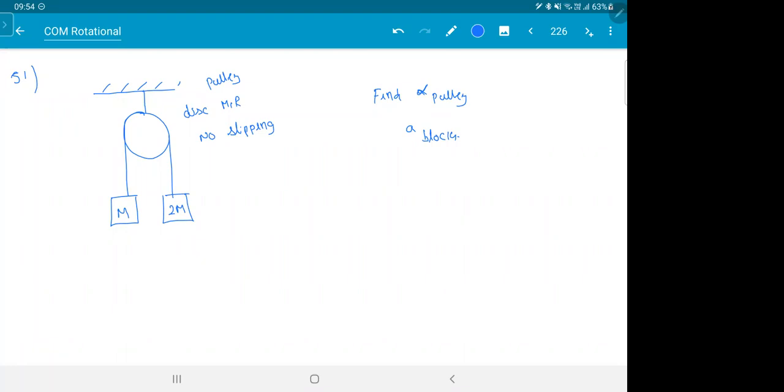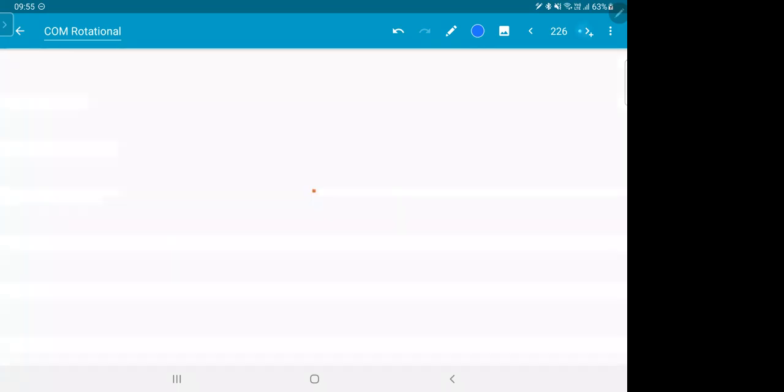Attach the masses here, 2m and m. What are the forces? 2mg and mg. You want torque about the center.